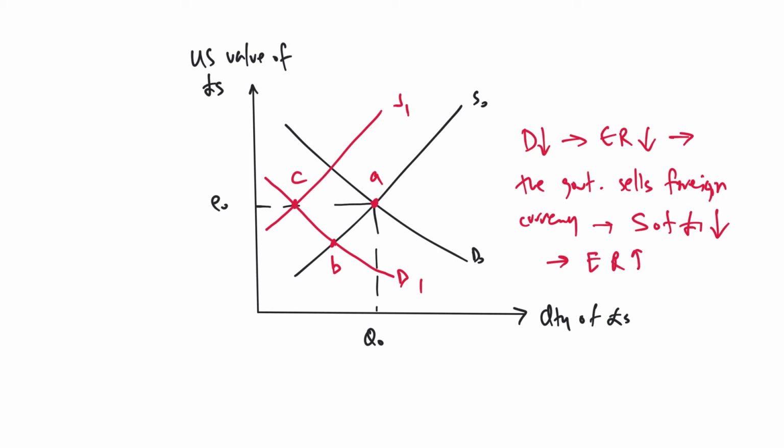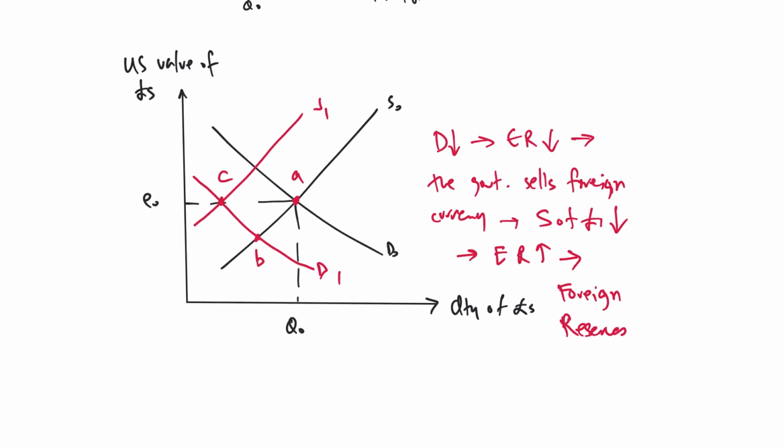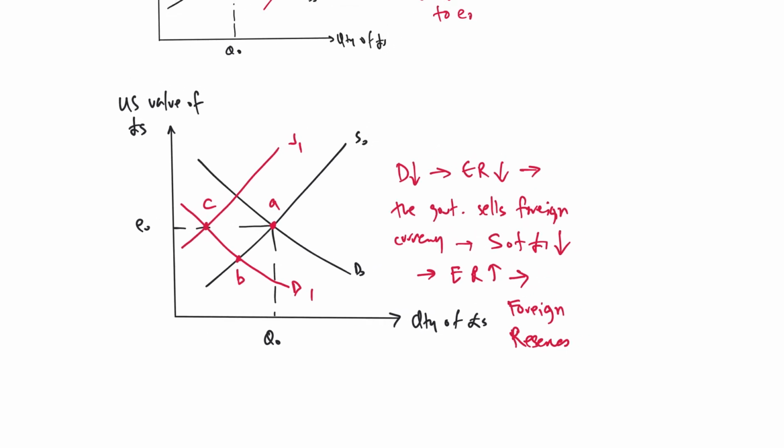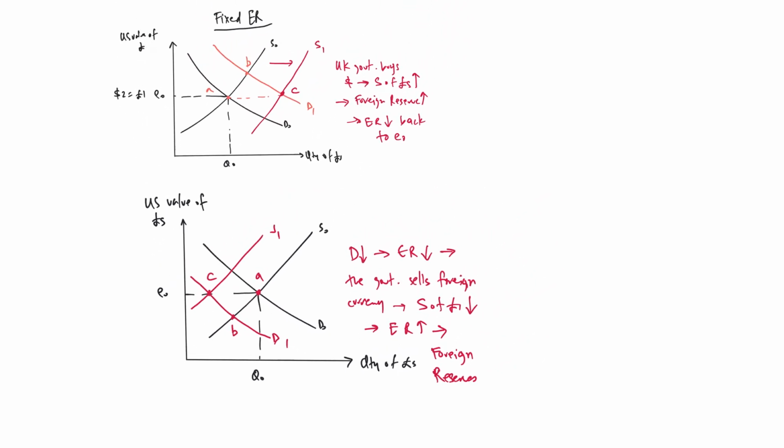But in this case, your foreign reserves are going down. So one of the things that we know is that you require strong foreign reserves if you want to have a fixed exchange rate regime, because that would require buying and selling of dollars, buying and selling of foreign currency.